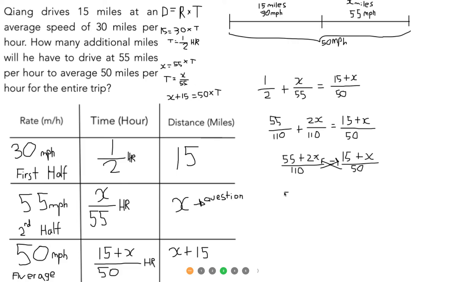So we get 50 multiplied by 55 plus 2x, and that equals 110 times 15 plus x.